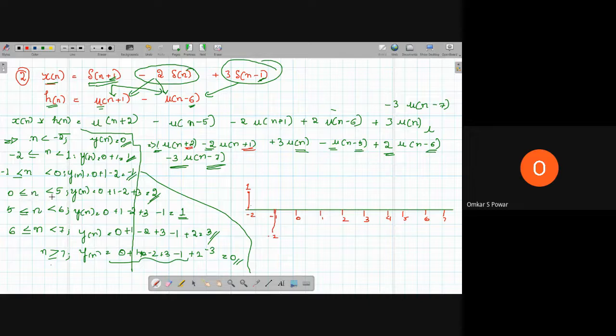Then n varies from 0 to 5, so 0, 1, 2, 3 and 4, the value will be 2. Okay. Then from 5 to 6, value is 1. Then n varies from 6 to 7, the value is 3.